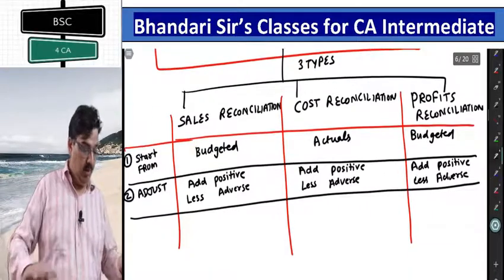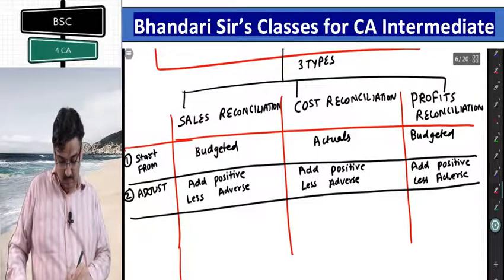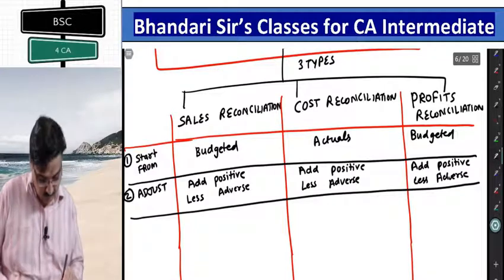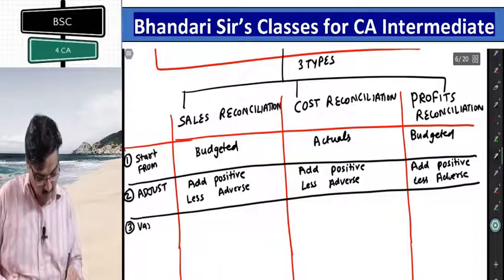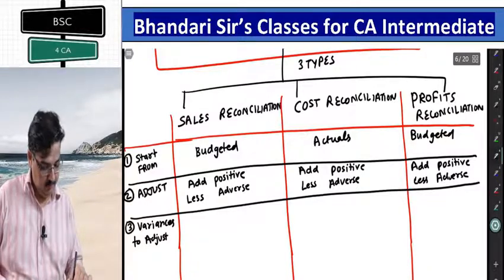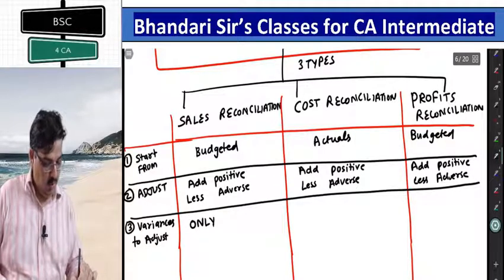Third thing is most important. Which variances should I adjust? Variances to adjust. Only sale value category.